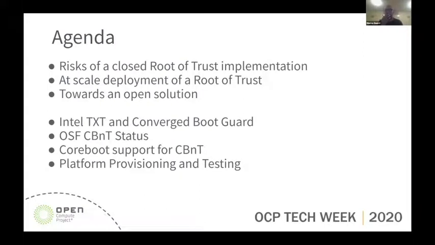So we'll introduce the risks that come from deploying closed root of trust implementations and explain how those risks are exacerbated if you think of large-scale deployment. Then I think we'll all agree that the entry point to mitigate at least some of those risks is to switch to open source firmware. And Philip will take over and show the work that I have been doing on Converge bootguard and Intel TXT.